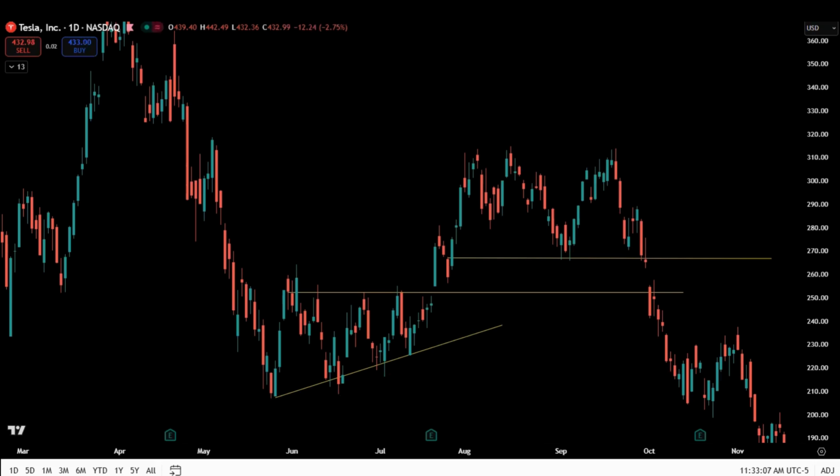The longer the setup takes, the stronger the potential move. So if you've got something sitting around for 3 or 4 months, you can best believe when it comes out of there, it's going to be explosive. And context is everything. You have to pay attention to where it's actually happening on the chart and be aware of the larger trend.